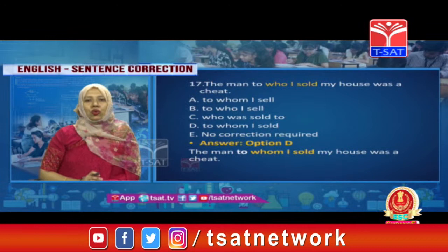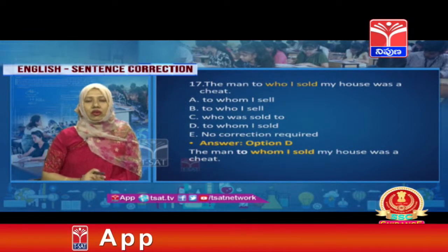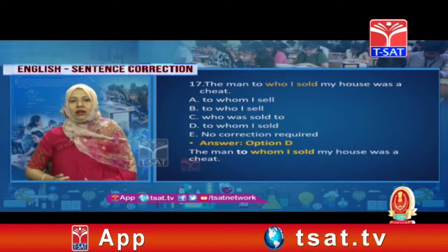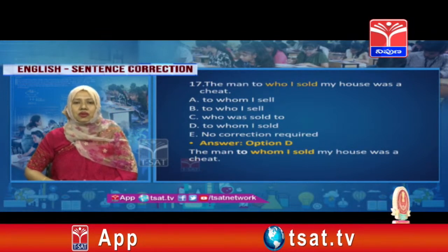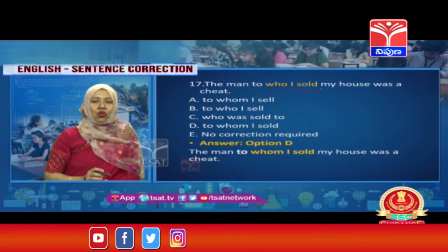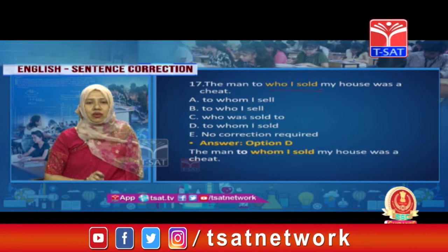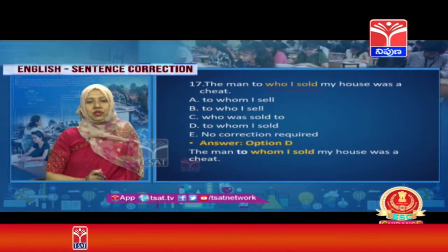The man to whom I sold my house was a cheat. If you look at the next example, the man to whom I sold my house was a cheat. Now the highlighted words, who I sold, there is a mistake here. Let us look at the options. What options are given?